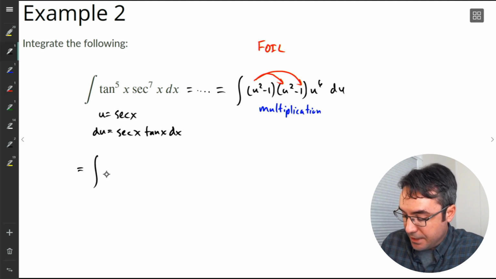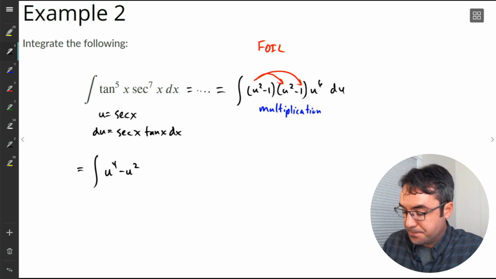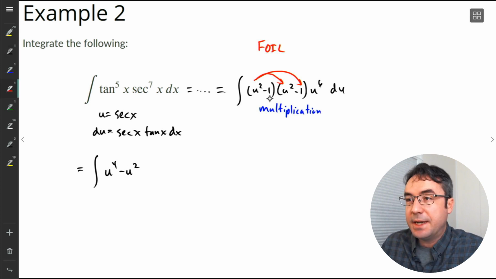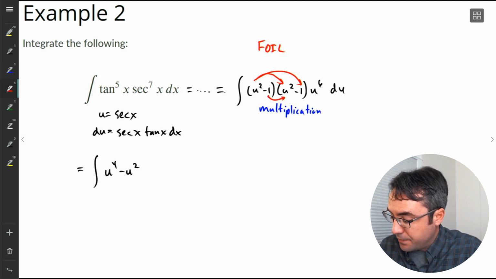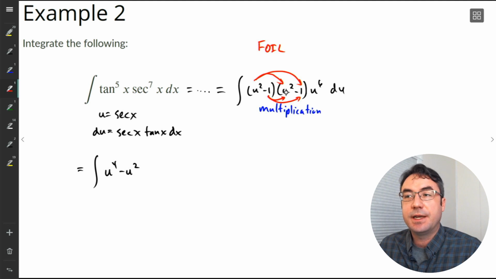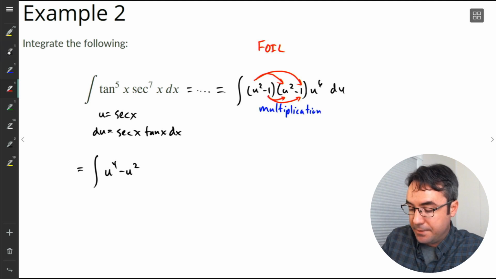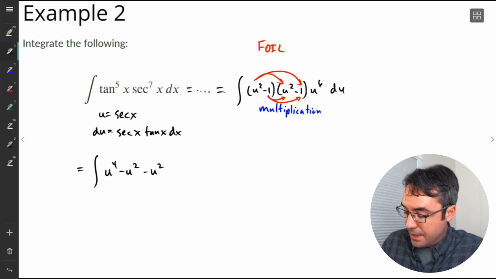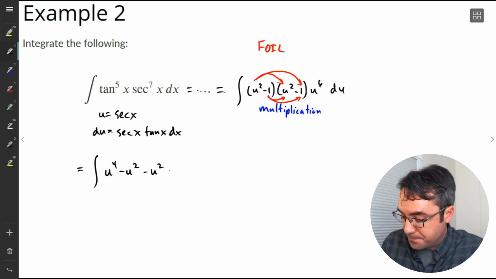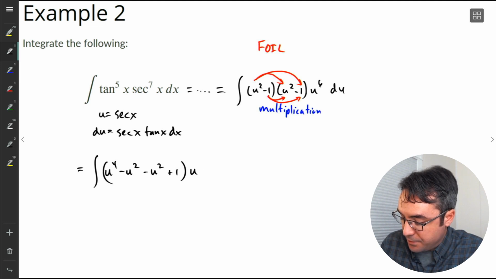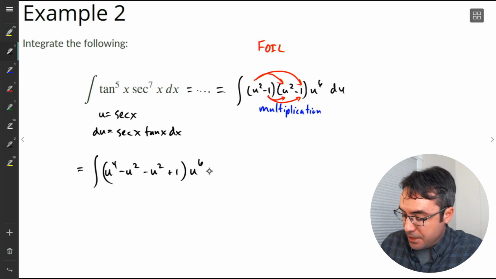So when I do that, I get u to the power 4 minus u squared. Then I take my second term, the negative 1, and distribute it to both in the second piece. So I get a negative u squared again, and then a positive 1. Negative 1 times negative 1 is positive 1. And then I still have my u to the power 6 du.